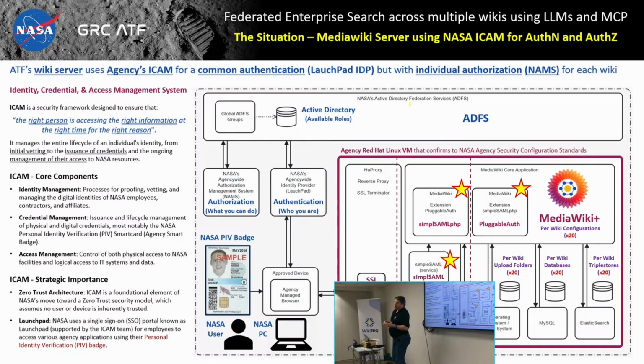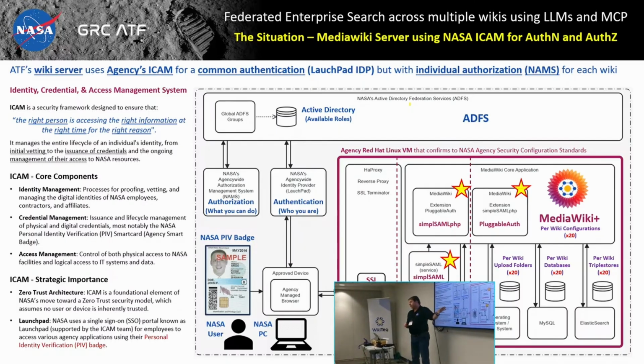So whether or not the user, the wikis are all private, and it's not just about being a registered user, it's about being a registered user in the wiki who is a member of a specific custom group, and the membership of that group is defined by the SAML integration, which is received from the ICAM system above.